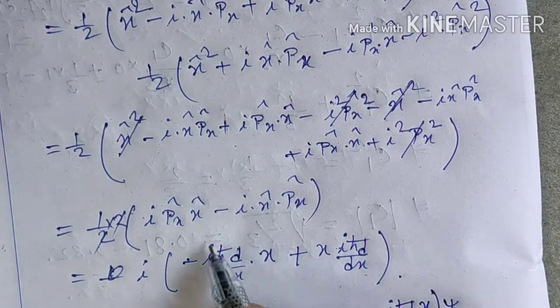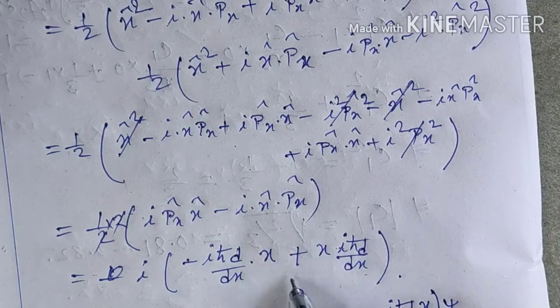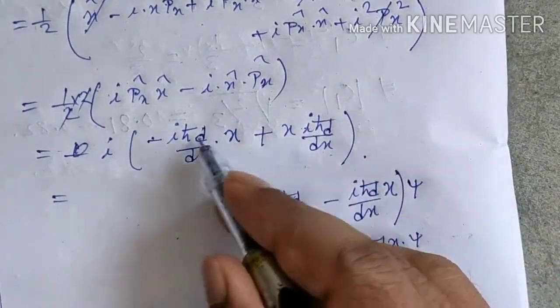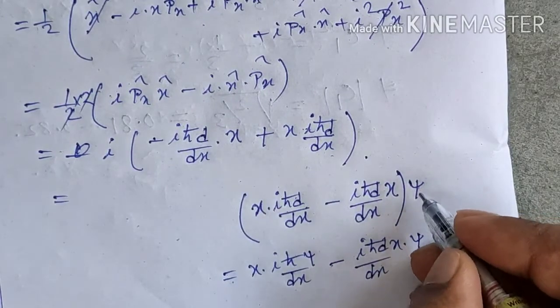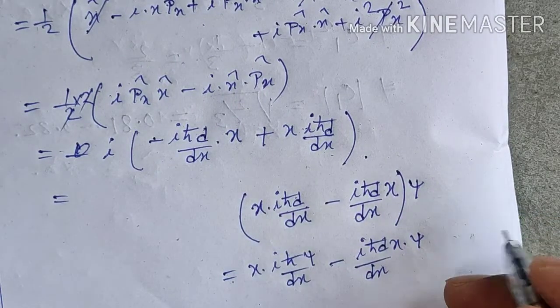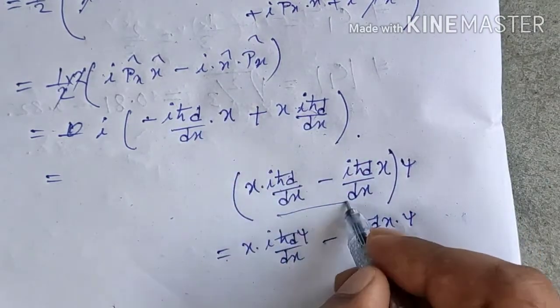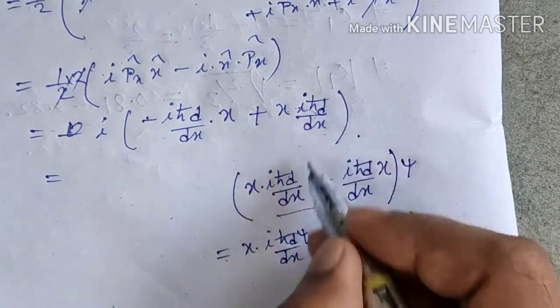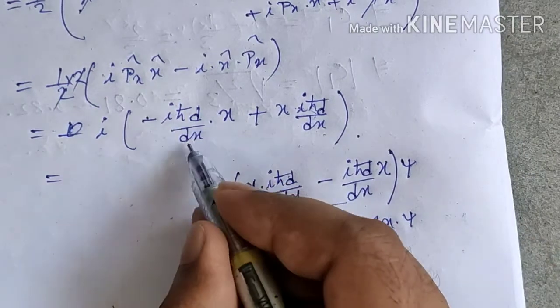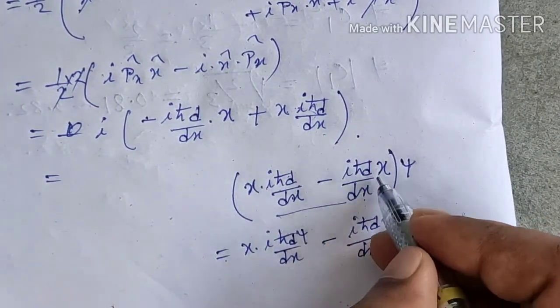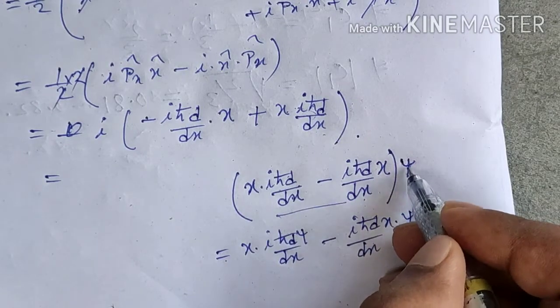Now we have to calculate the value of this term, and we can calculate it by operating this operator on a function psi and seeing what the result is. This operator is written here, that is x IH cross ddx minus IH cross ddx into x, and this operator is operated on a function psi.